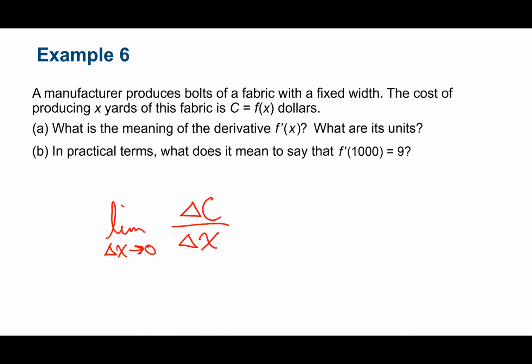So first, let's think about the units. We can think about the units at the top and the units at the bottom to figure that out. So C, what units are our C values in? It says C is f of x dollars. So we'll have dollars on the top.